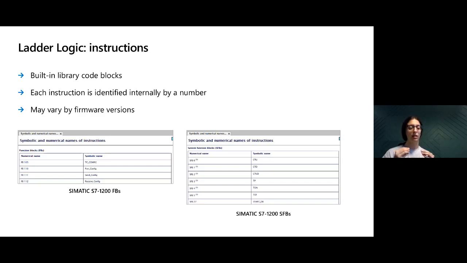These instructions provide rich functionality, for example, timing, string manipulation, and file handling. As we can see in the following tables, each instruction can be identified internally by a unique number, and this number will probably vary by firmware version.